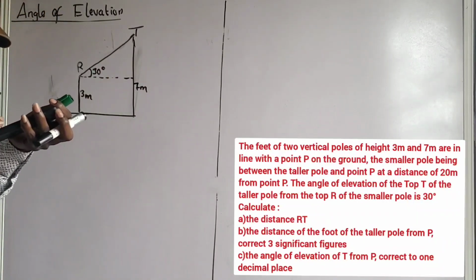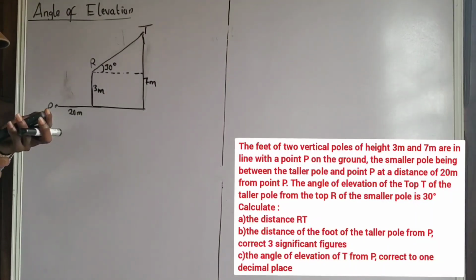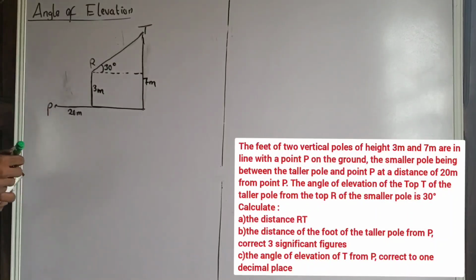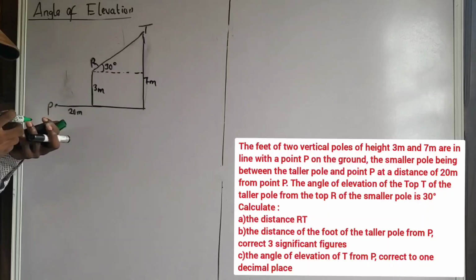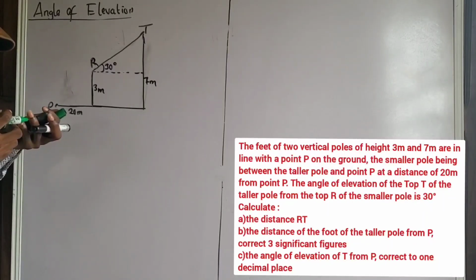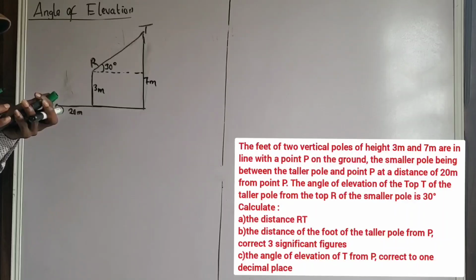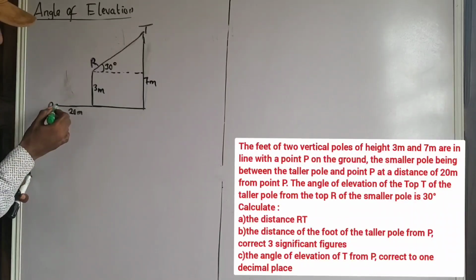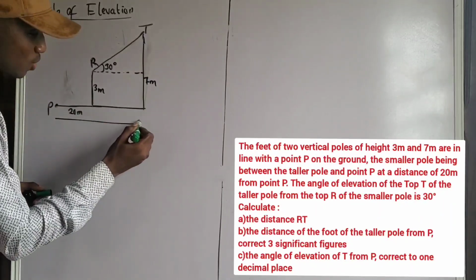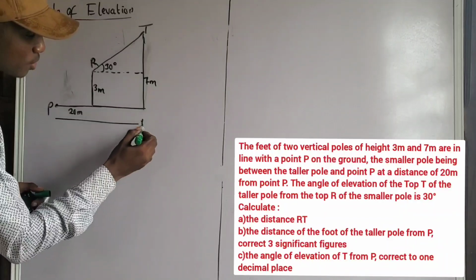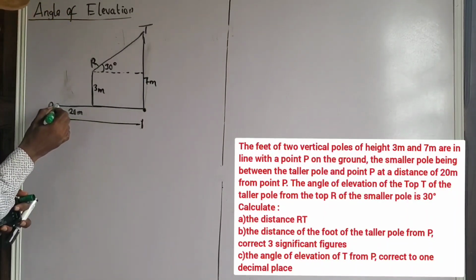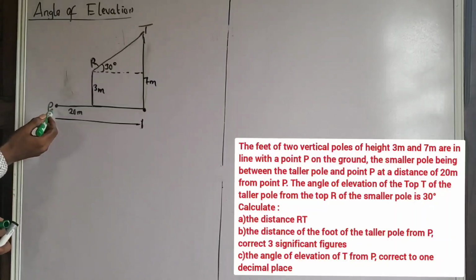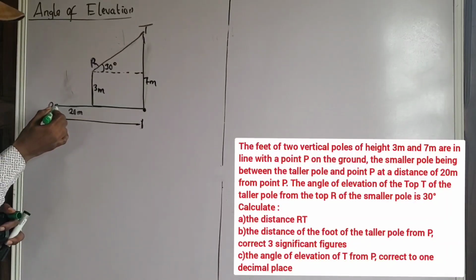So we are asked to calculate the distance RT. We have to calculate this distance. We also have to calculate the distance of the foot of the taller pole from P. This is the foot of the taller pole, and the distance will be from this point to this point.